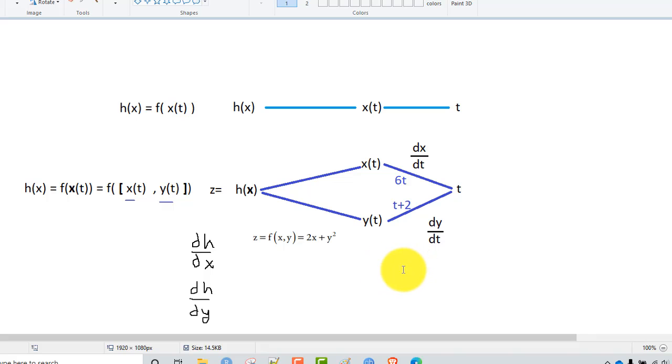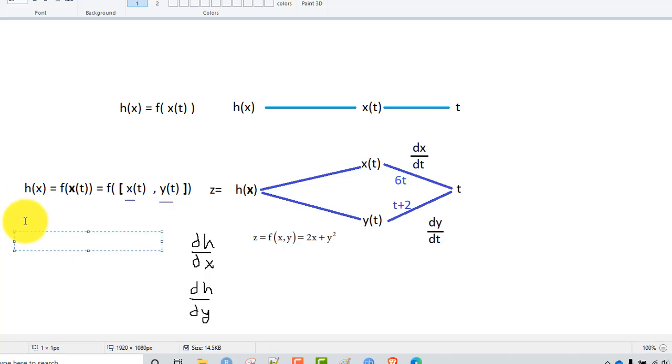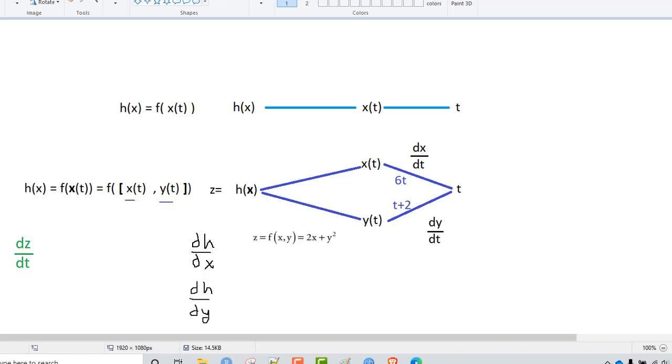For our chain rule example, we want to write, I'll write it in green, and I'll make it a little bit bigger just to emphasize that that's what we're looking for. So it's dz/dt. So this is what we're looking for. We want to know, how does z change with a change in t?